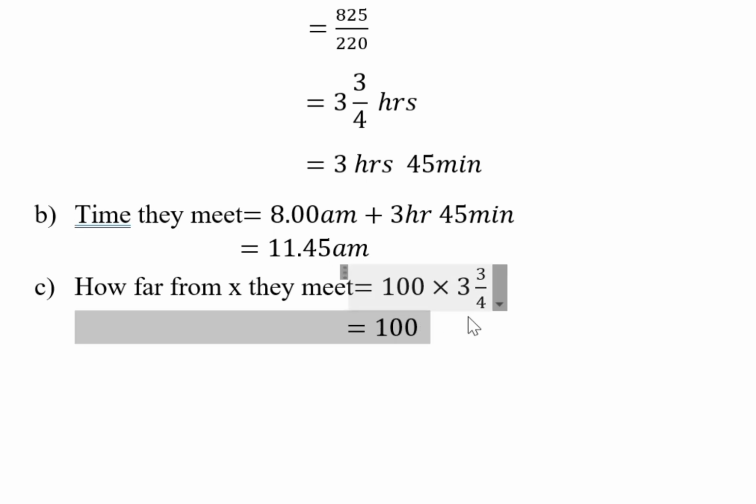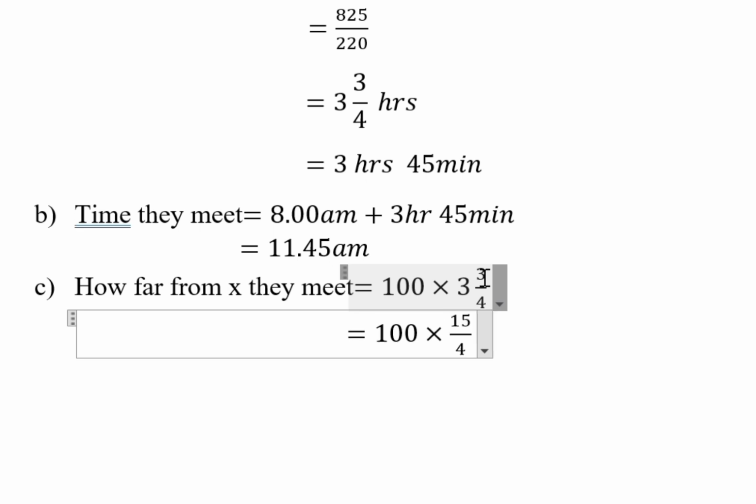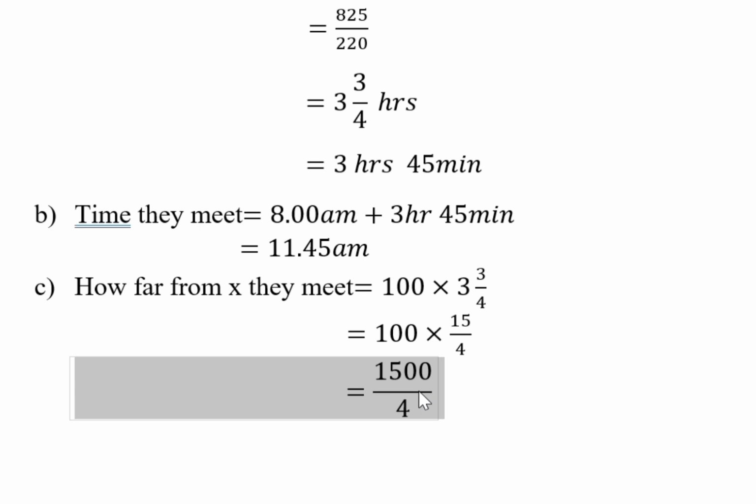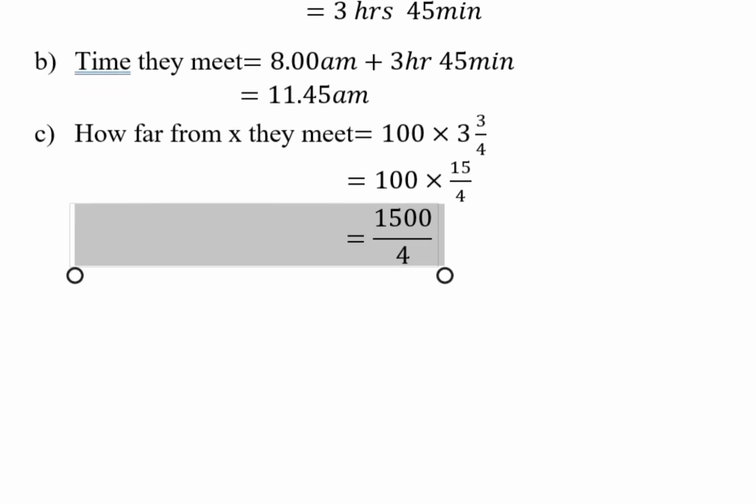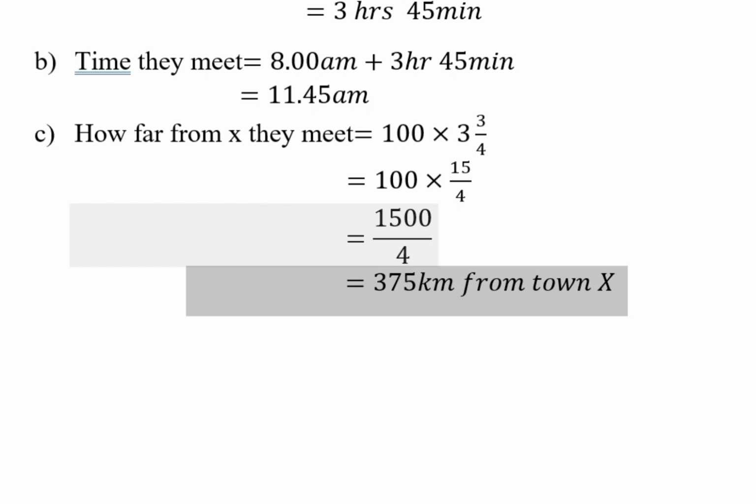How did I get 15/4? I changed this to an improper fraction form. This times this gives us 12, plus 3 gives us 15. So that's times 15/4. And when you multiply this and this, you get 1500/4, which when you simplify, you get 375 kilometers from town X. Thank you.